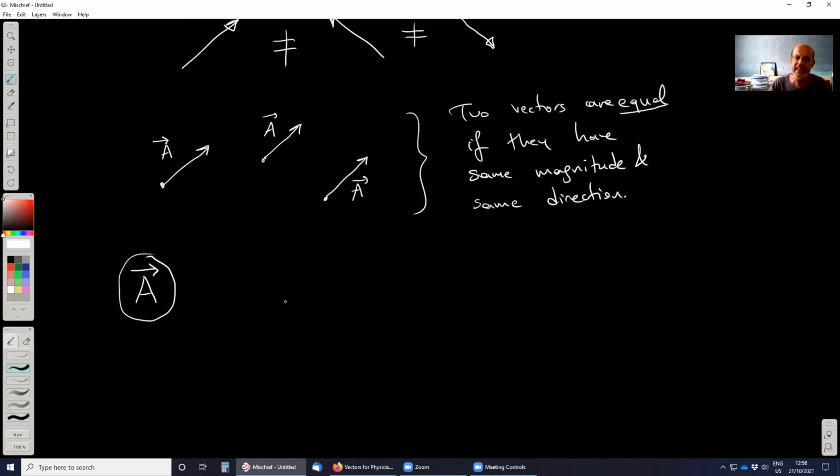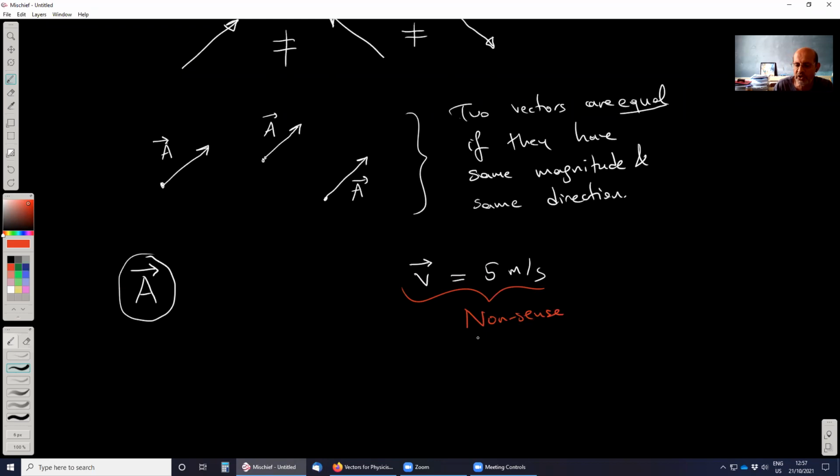I'm specifying that this is basically a different mathematical object, okay? So as a result, if I say anything like, for example, that this is equal to 5 meters per second, then this is nonsense, right?